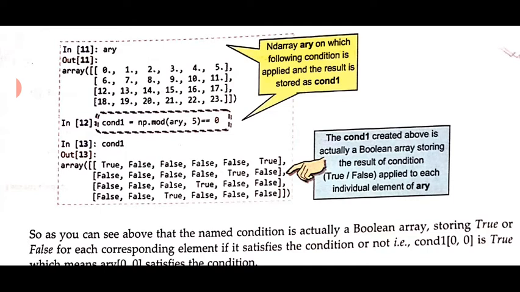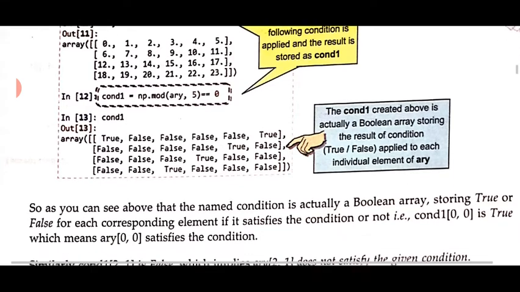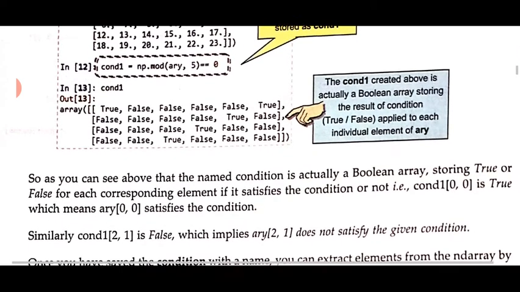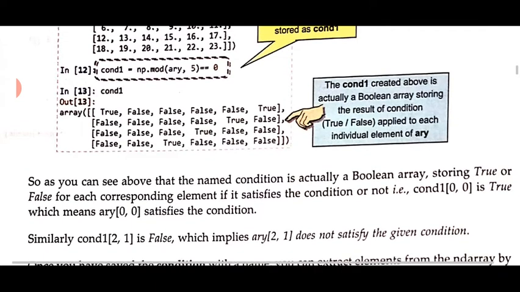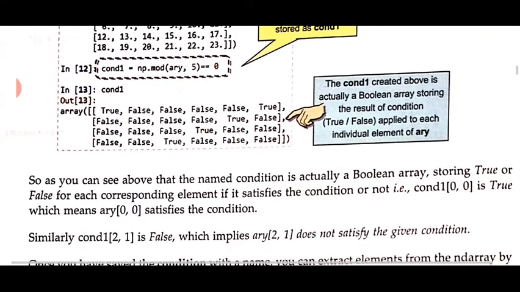So all the multiples of 5 in ary will be divisible by 5, so in those places you can see true is written, and for the rest of the elements that are not divisible by 5, false is written. So easily you can see the true and false terms in cond1.